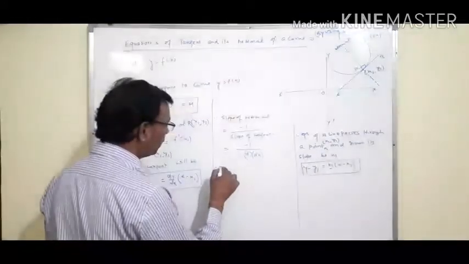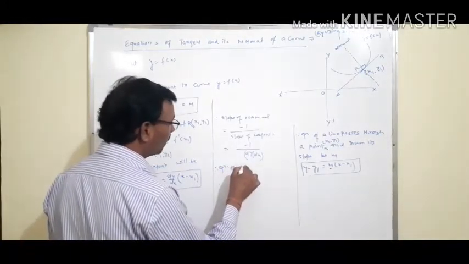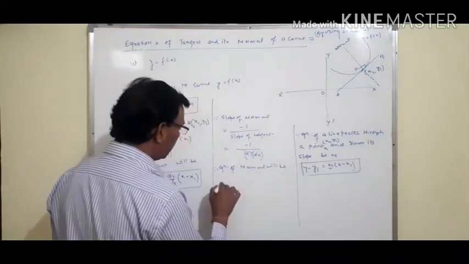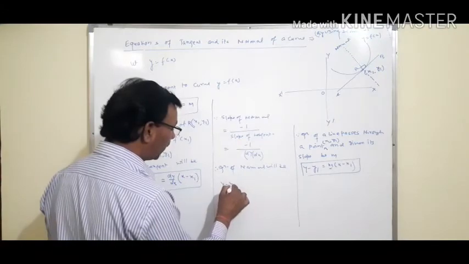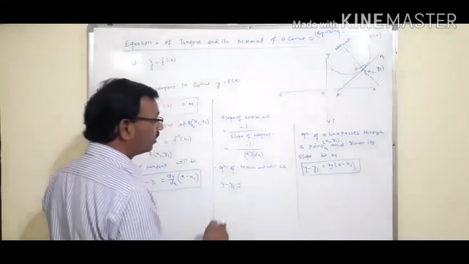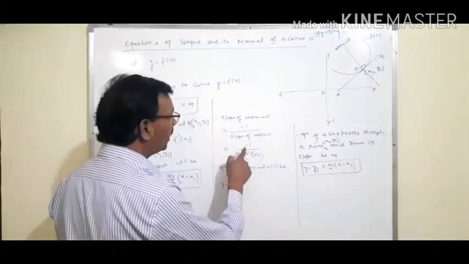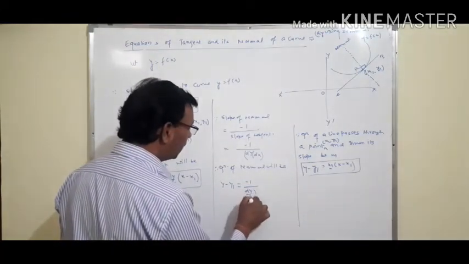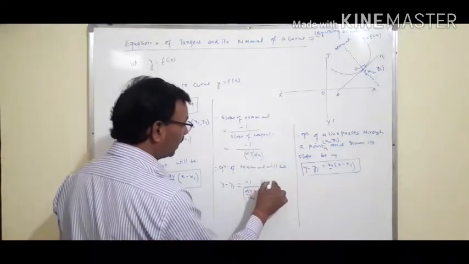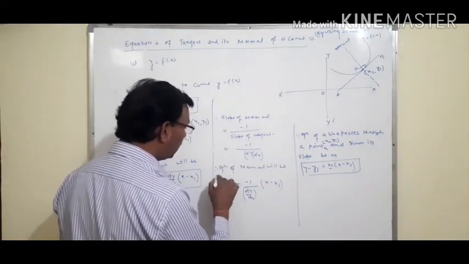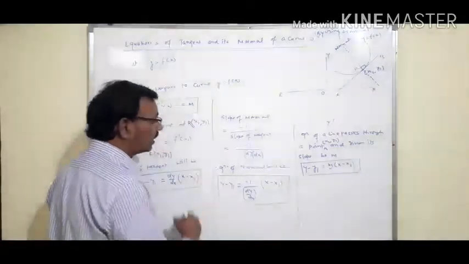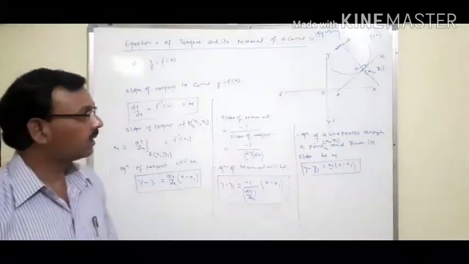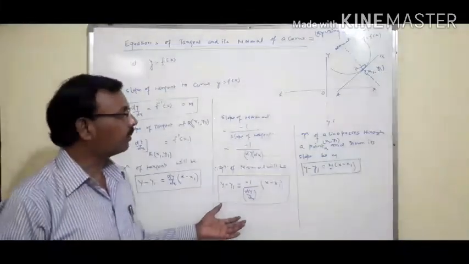Therefore, equation of normal will be y minus y1 is equal to, slope of normal is minus 1 upon dy upon dx, into x minus x1. This is the equation of normal. Now in the next video we will take one example related to this topic.